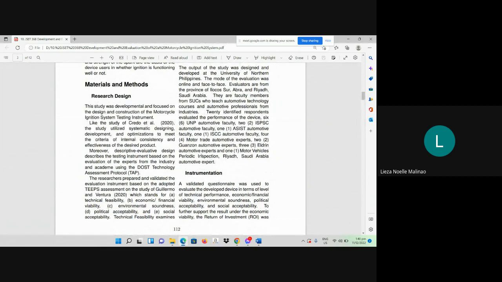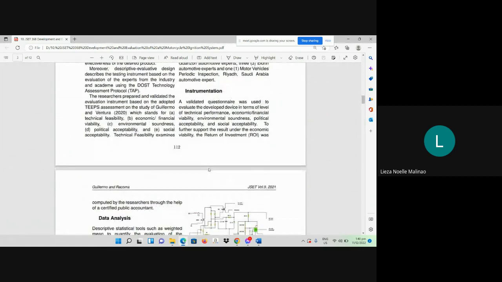This is the part where they had their developed innovation evaluated. Let's read this sentence. A validated questionnaire was used to evaluate the developed device in terms of level of technical performance, economic viability, environmental soundness, political acceptability, and social acceptability.